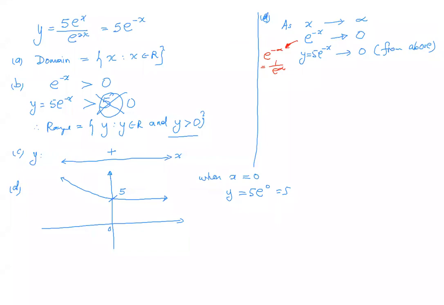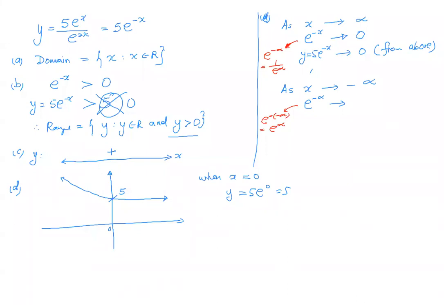So the graph goes the other way around. As x approaches negative infinity, e to the power negative x approaches? Look at how I tell my own mind: e to the power negative, now my x is negative infinity. So negative times negative will become positive.